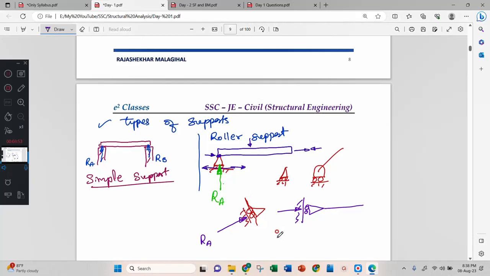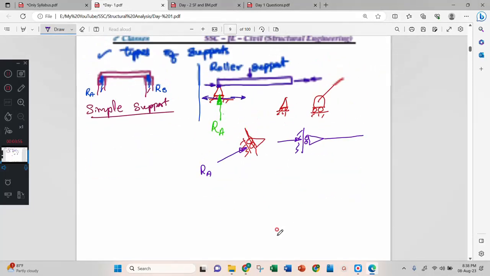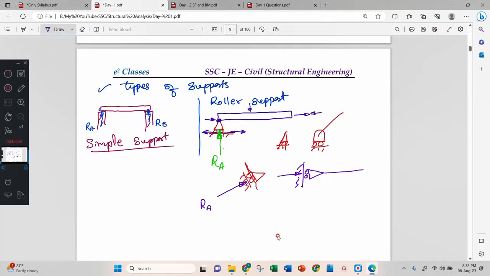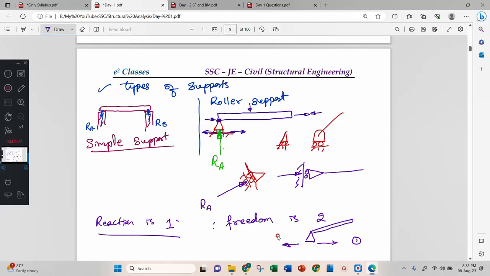Now, one more thing. You should remember whenever I say roller support, reaction is 1 and freedom is 2. Freedom means the roller support can move in the horizontal direction, that is one freedom, and the roller support can rotate about one particular point.